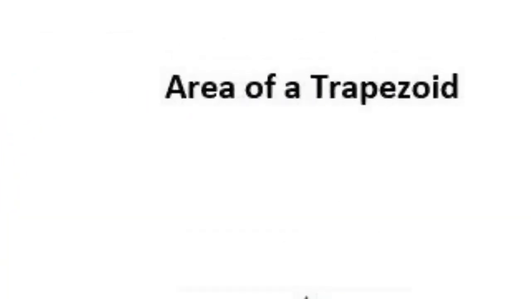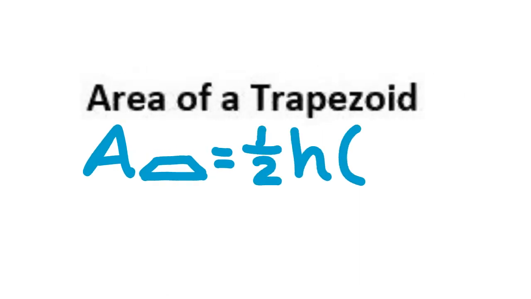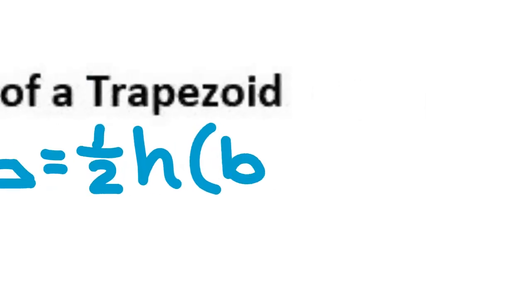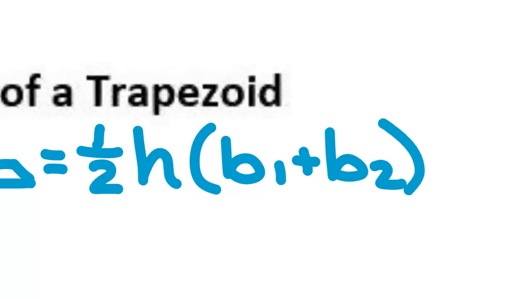Area of a trapezoid. This one kind of reminds me of the mid-segment formula for a trapezoid. We do 1/2 times the height times the sum of the two bases, base 1 and base 2.